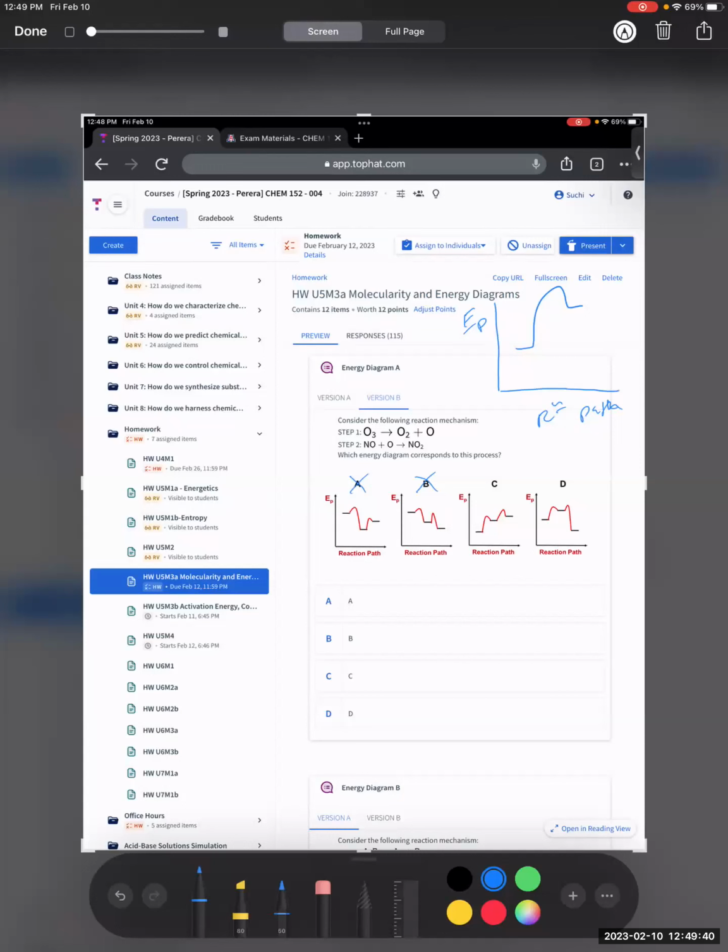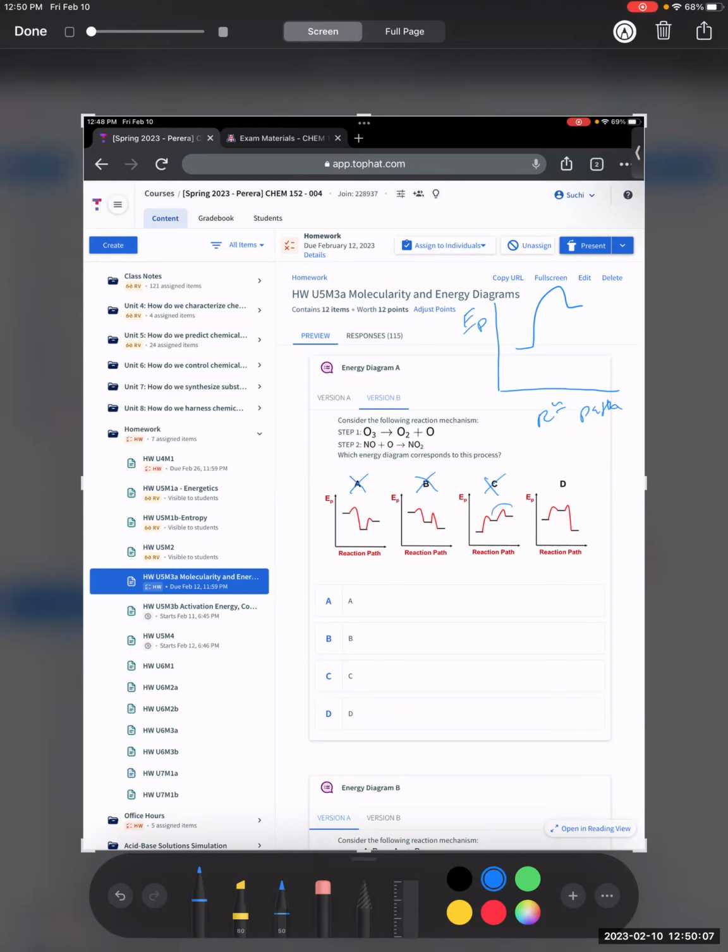And when it comes to step 2, we are forming a bond here because the NO is combining with an oxygen atom to give us NO2. So we are forming bonds, and bond forming releases energy. Therefore, it's going to be an exothermic step. Okay, so for that reason, option C cannot be our answer.